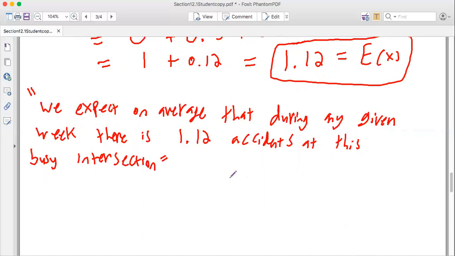But I'm not really too sure what 0.12 of an accident looks like. But this, of course, is a mathematical computation. So we have to then be willing to interpret it. So we could certainly write it like this, and this is correct. This wouldn't be wrong. No one could yell at you for this. But this means at any given week, we expect there to be at least 1 accident. Right? Our expected value is actually greater than 1 at 1.12. This gives us an overall picture.